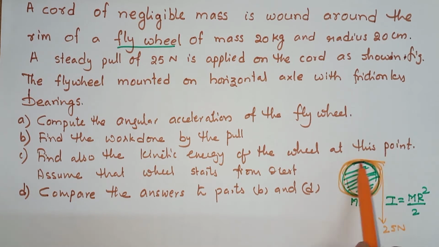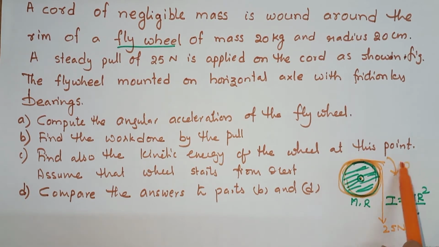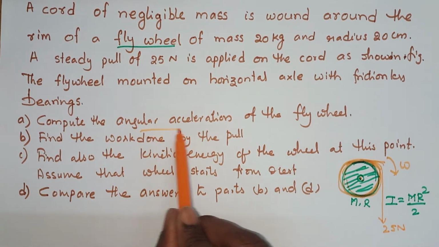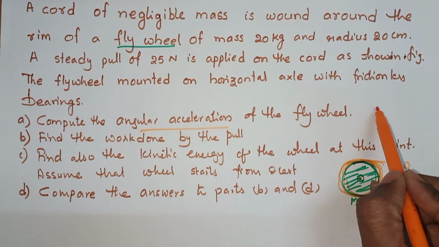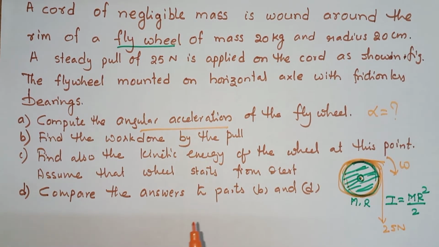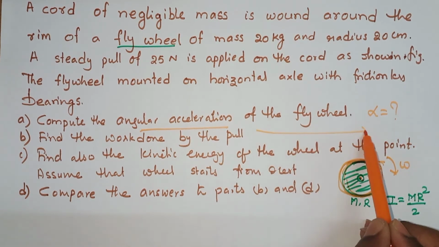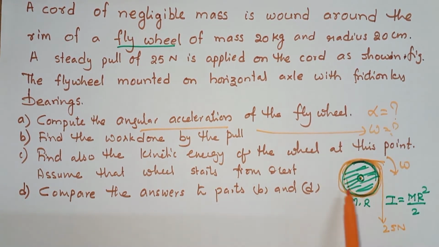First, when it is rotating about its axis with angular velocity omega, they ask what is alpha, the angular acceleration. When the force is applied and it is moving with alpha, what is the work done? While it is rotating with omega, what is the value of the kinetic energy? These are the questions we have to solve one by one using the data.